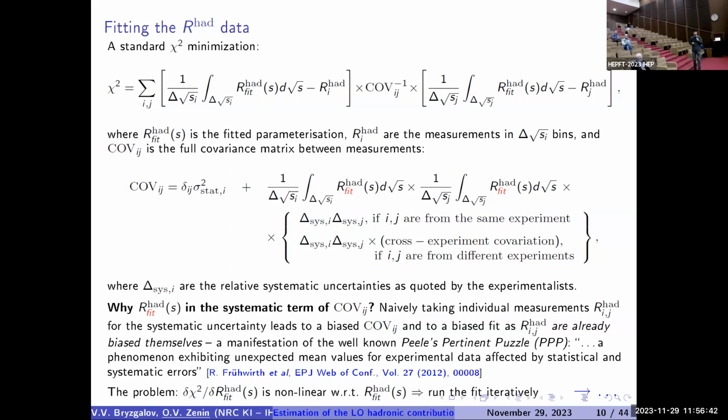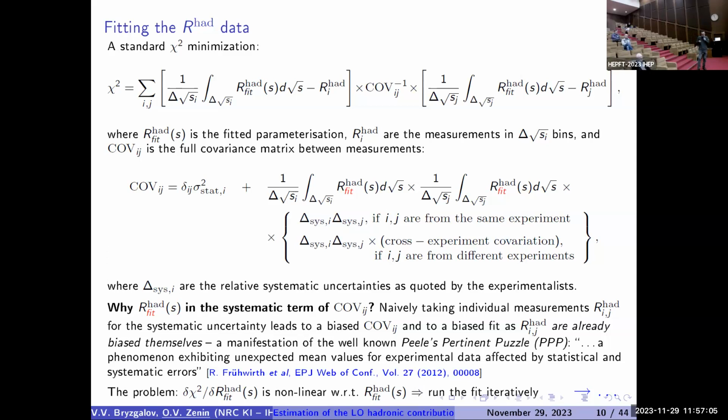Then those points that are systematically higher will get an overestimated systematic error, while the lower experiment, which actually underestimates the cross-section systematically, will get lower systematic errors.